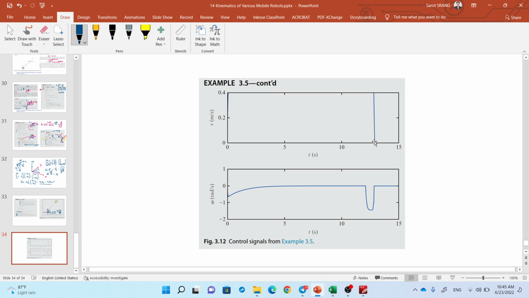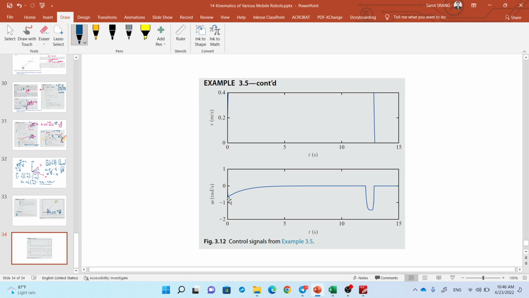Linear velocity is always maximum. And for angular velocity, you can see that first it spins in the negative direction, I mean clockwise. So it falls to some certain negative value, and then it increases. No, this is velocity.